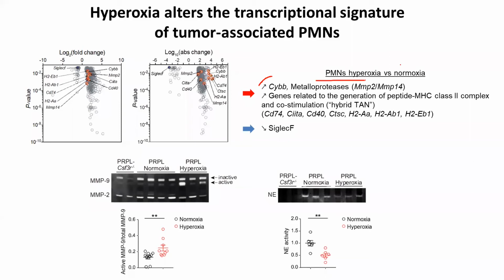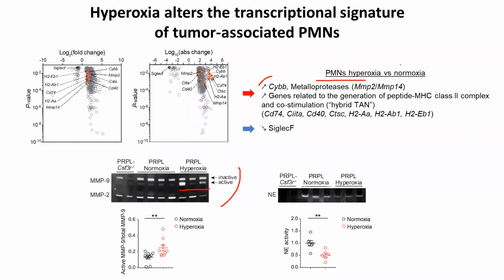MMP9 is already highly transcribed in both normoxia and hyperoxia conditions and remains unchanged. However, consistent with this MMP2 and MMP14 increase, by performing a zymogram assay using gelatin as the substrate, we found more active form of MMP9 in the PMN hyperoxia condition.